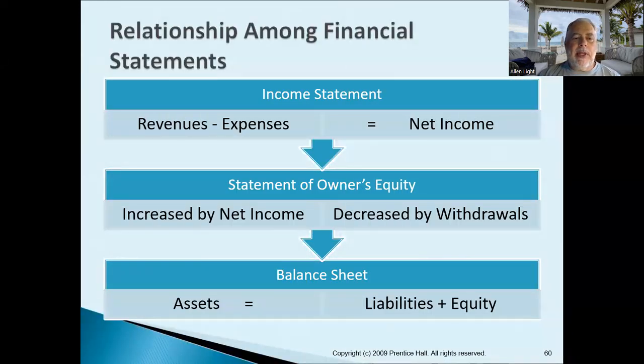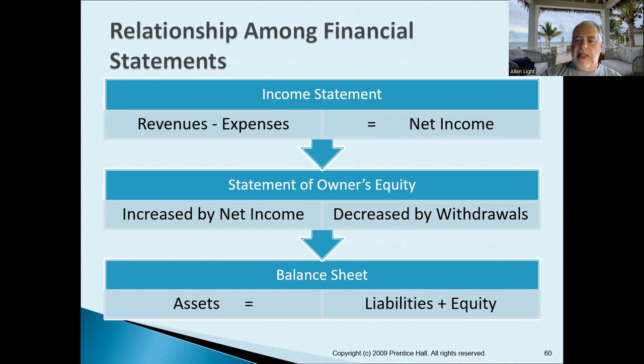Now we're going to talk about how we use these, okay? The relationship among financial statements. So the income statement, revenue minus expenses is net income. Net income is used to determine owner's equity. We add net income, subtract withdrawals, and then assets are on the balance sheet, liabilities plus owner's equity.